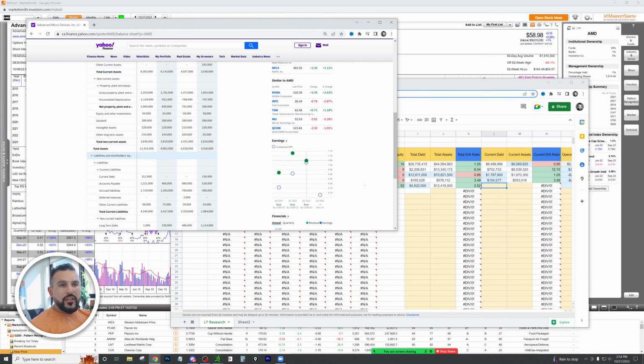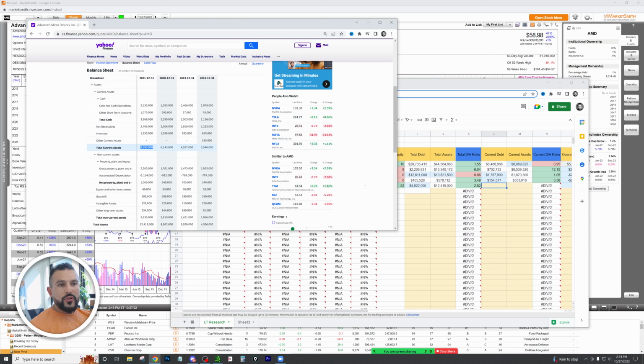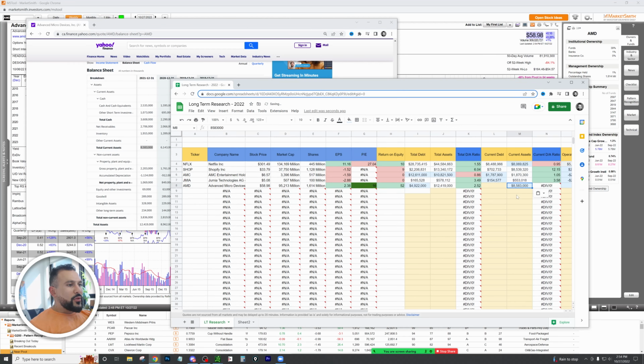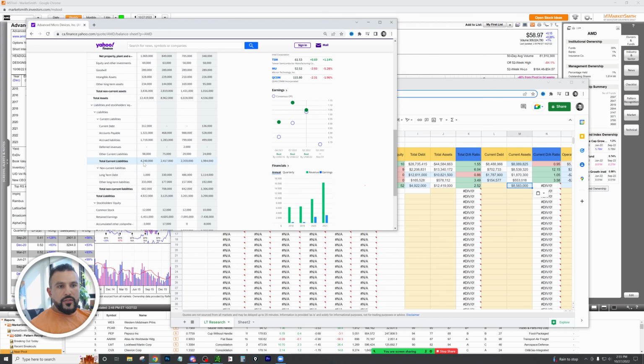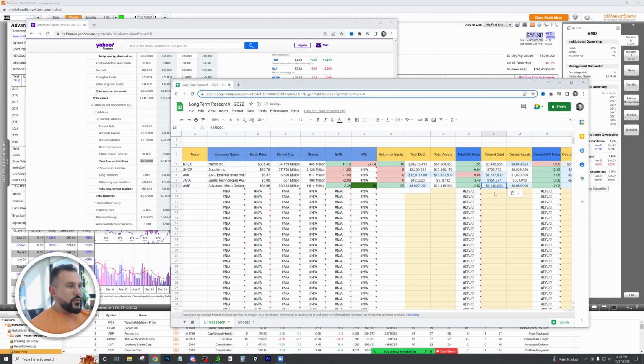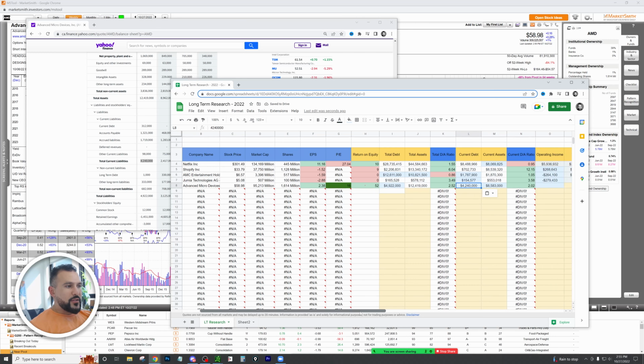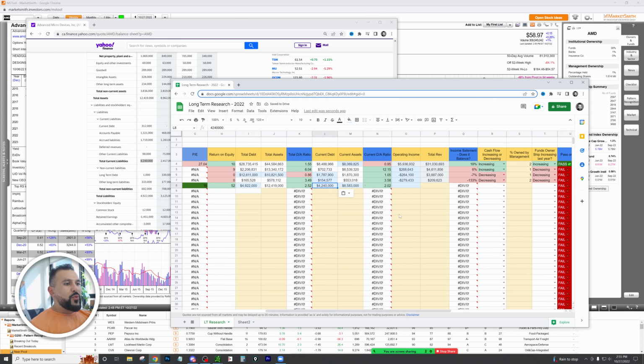Now we're going to look at current debt and current assets. So total current assets is 8.5 billion, and total current debt is 4.2. Another green figure. Awesome. Now we want to look at operating income.